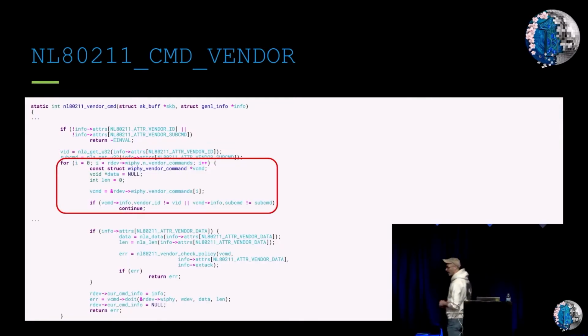We're going to loop through all of the vendor commands that we know about and try to find out which one of them you just specified. The vendor commands have that same do-it command structure that we saw in the first example. A vendor command can have its own array of those structures, so we're just looping through that to find which callback function we actually need to call.